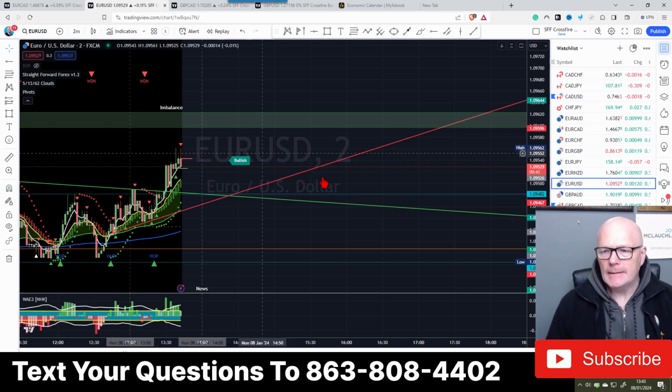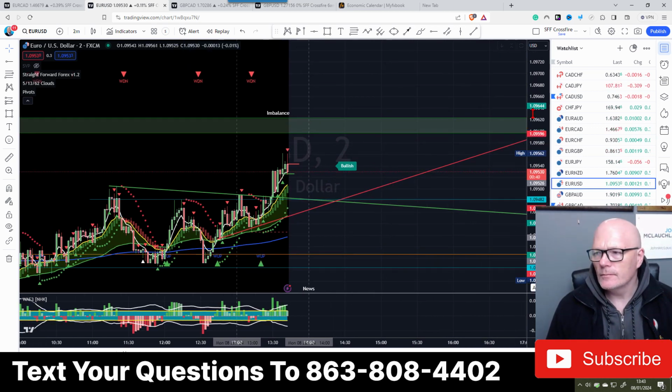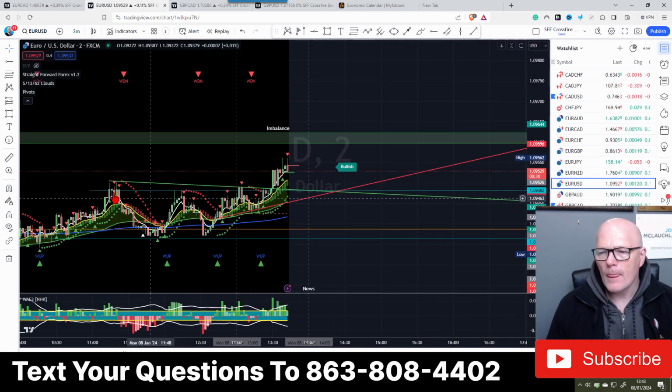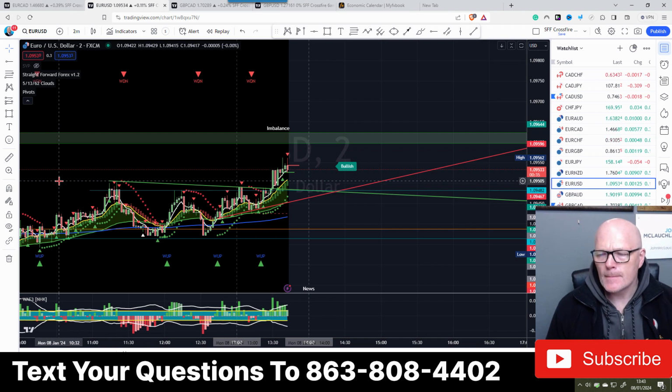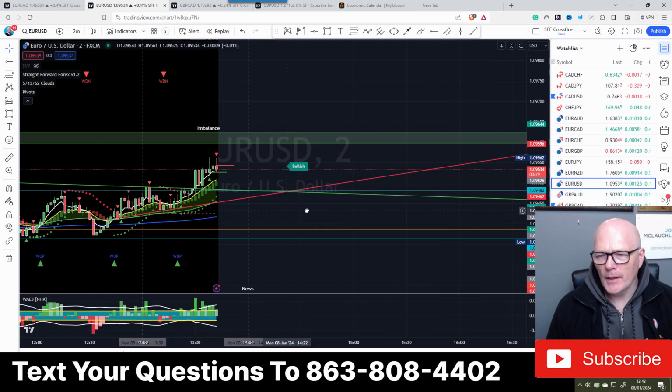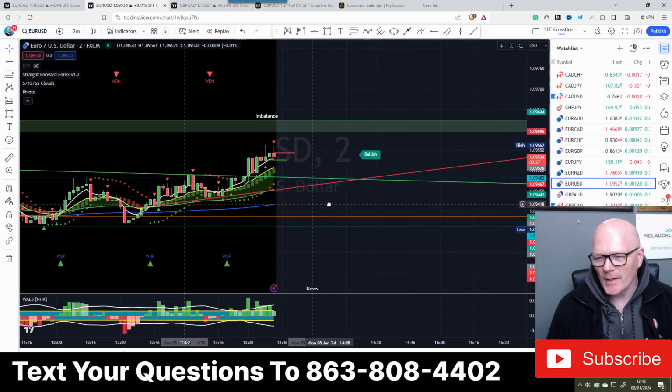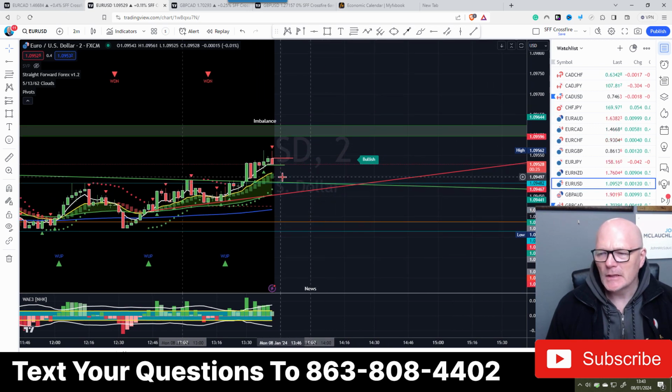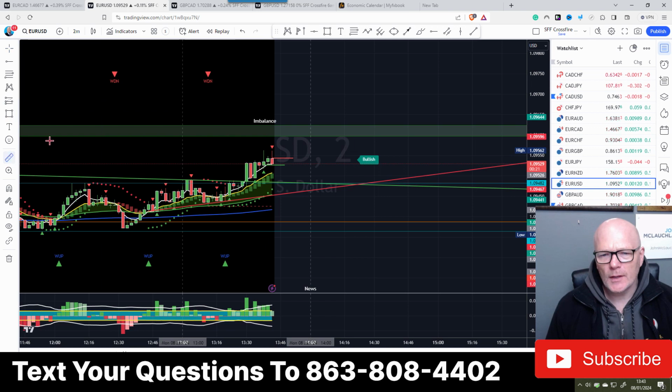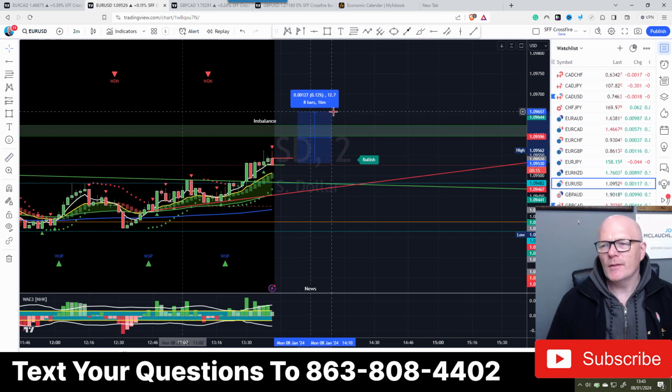Euro USD. This currently is above the green trend line. And I know we don't get into the same pair trades, but we can look at it for illustration purposes. We've got this imbalance here, and that's kind of what I'm looking at. Currently price from there to the bottom of the imbalance is 6.8, 9.3 pips to the top.